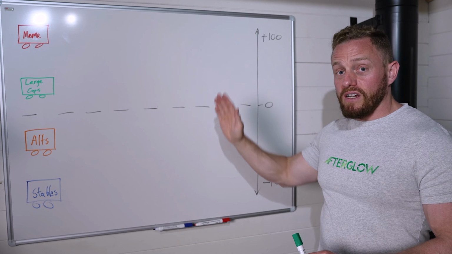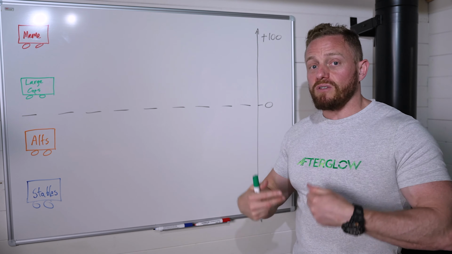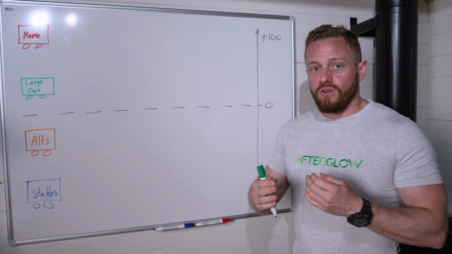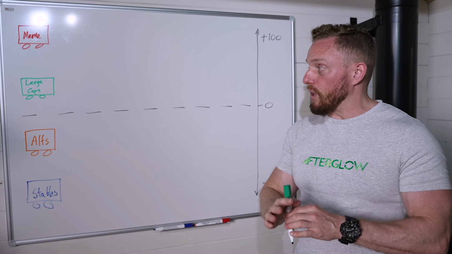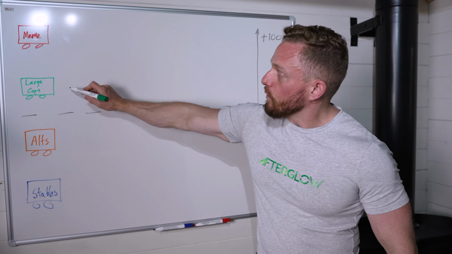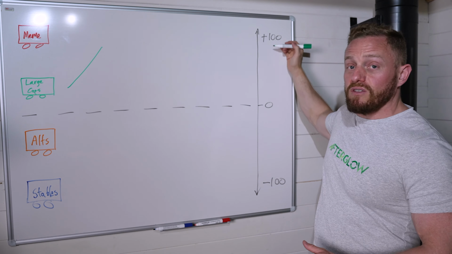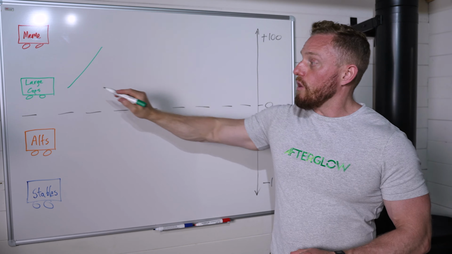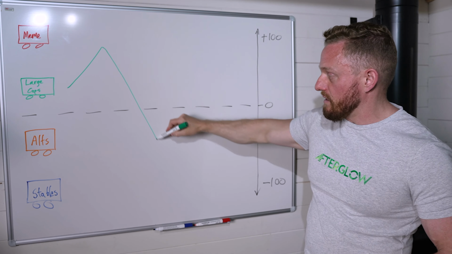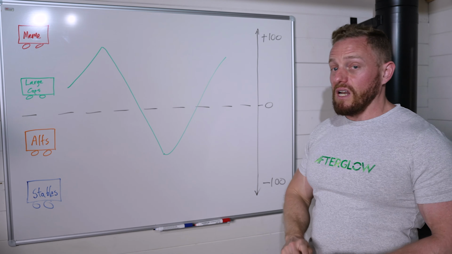And where the line moves on this scale corresponds to the rate of change of the thing we're looking at. So if the tool is in price mode and we're looking at the large cap flow line, when it's moving up like that, it means the rate of change of price of that asset is positive. And when it goes down, the rate of change is negative, and so on like that.